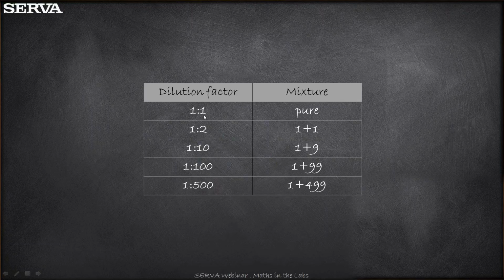So if you have a dilution factor of 1 to 1, this would be 1 part in 1 part, and this is of course pure. If you have 1 to 2, it's 1 part in 2 parts, so you have to add 1 part and 1 part water. And if you have 1 to 500, then it is 1 in 500, so 1 plus 499 parts of water, for example.